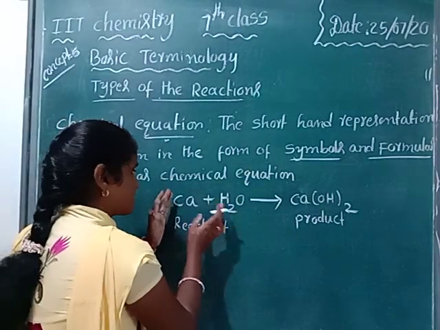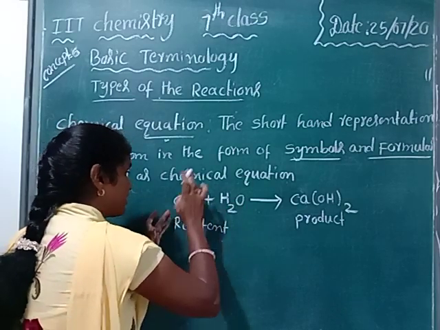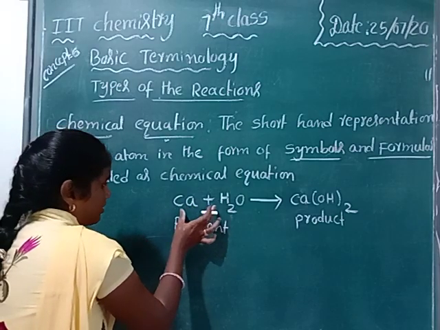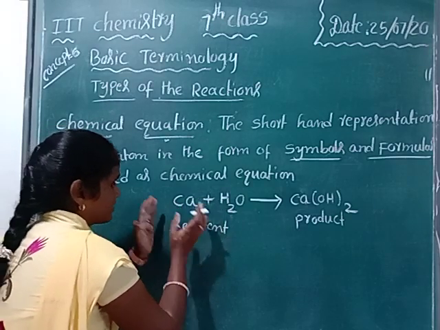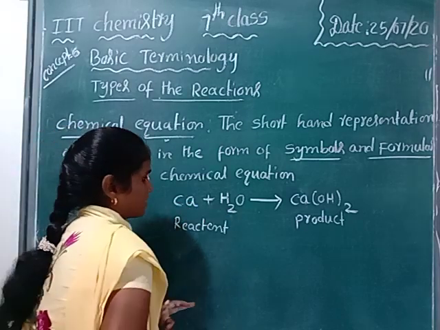What is the definition of a reactant? The substances involved in the reaction are called reactants. In this reaction, which substances are involved? One calcium and one water molecule.